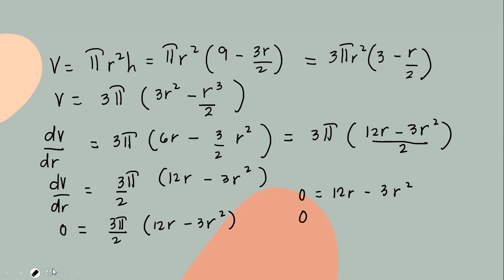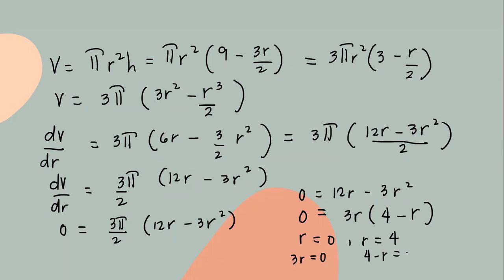Wait, 0 is equal to 3r times 4 minus r. What are the two values? The values of r are 0 and 4. Therefore, r is equal to 0 and r is equal to positive 4. Why? Because 3r equal to 0 gives r equal to 0, and 4 minus r equal to 0 gives r is equal to 4.